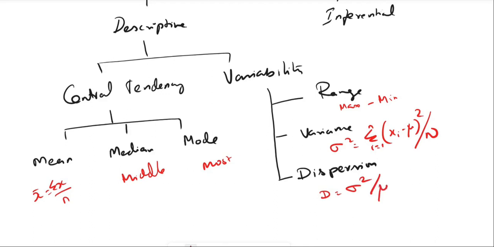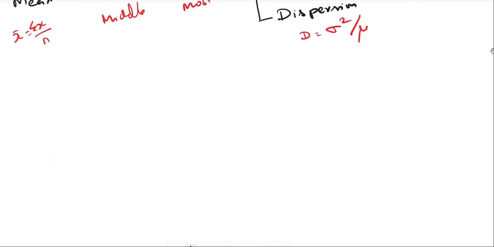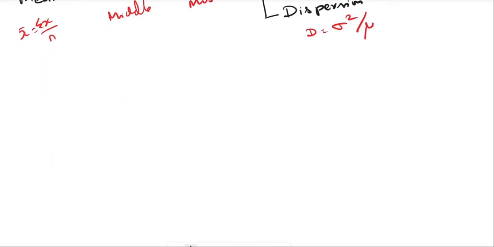Now let us go through each functionality one by one. Let us take the mean first. As I have already specified, mean is a general term used for the arithmetic mean of the data.